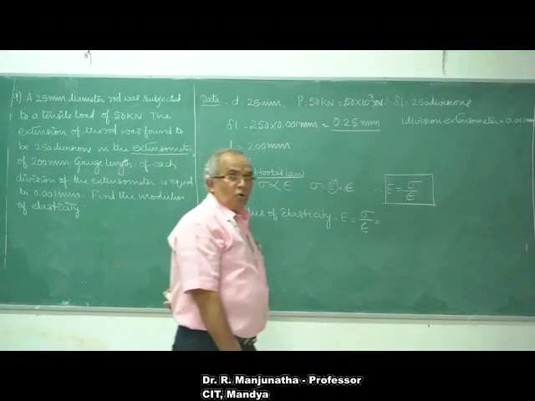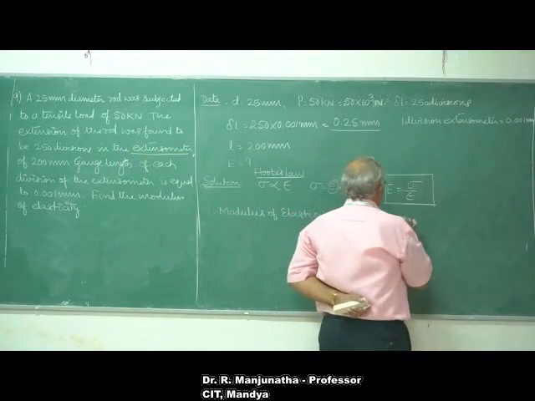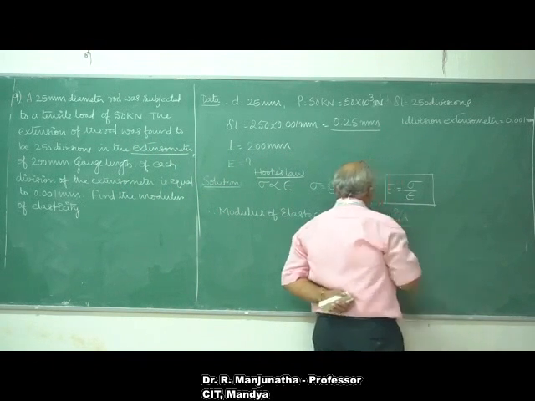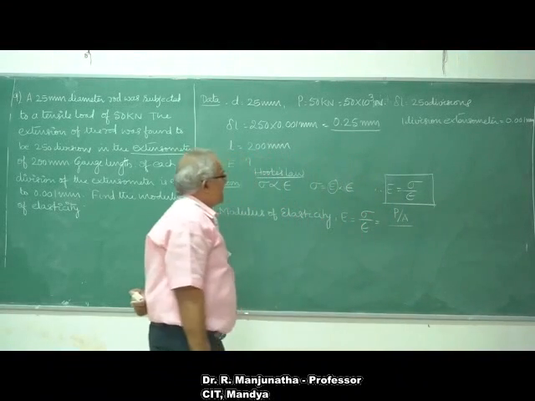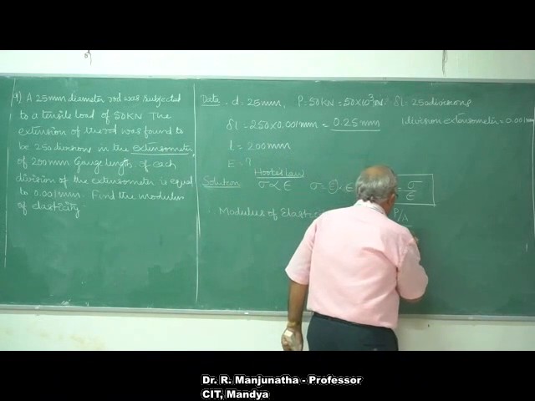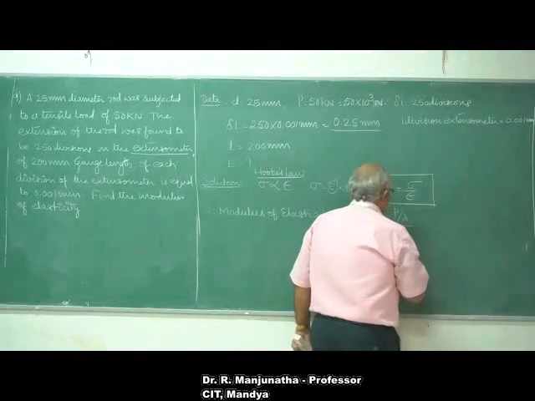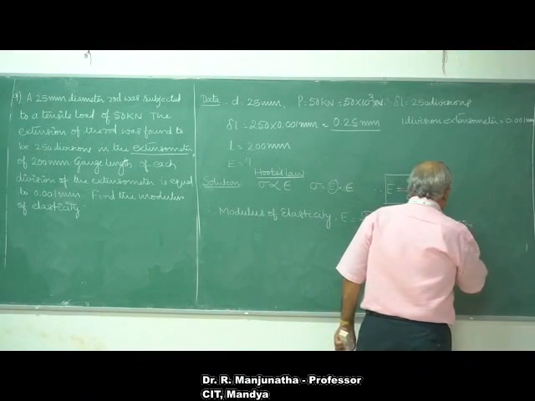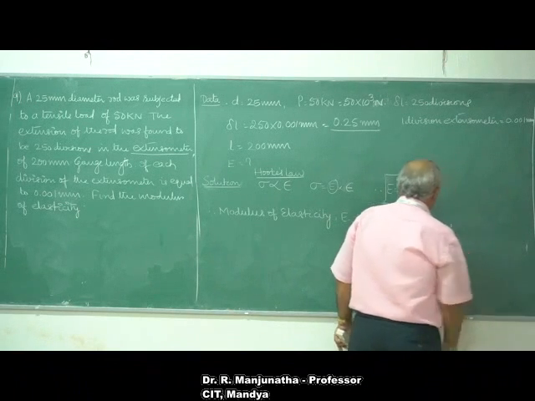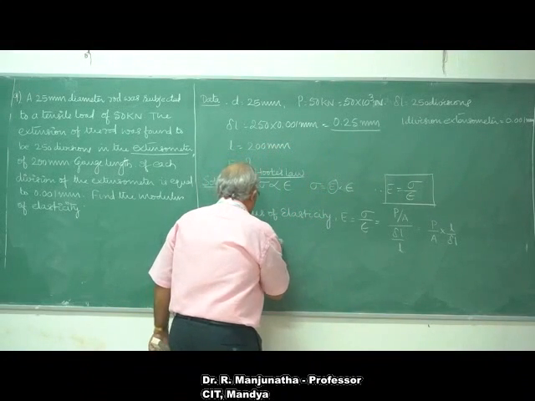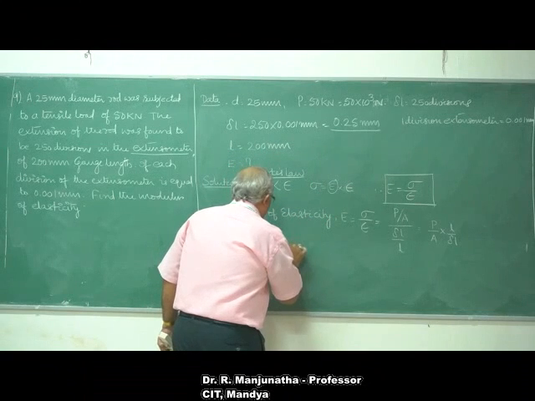Stress is load by area of cross section, so P by A. Strain is the change in length by the original length, delta L by L. Therefore, it will be equal to P by A into L by delta L.